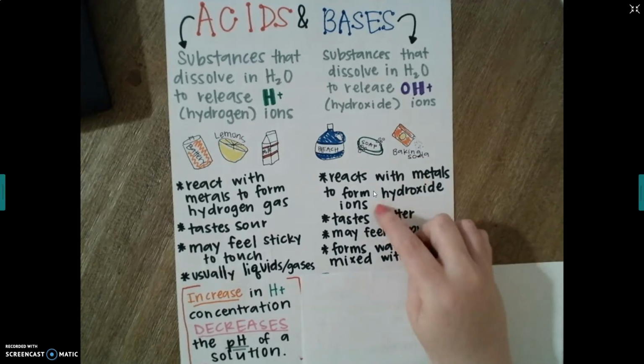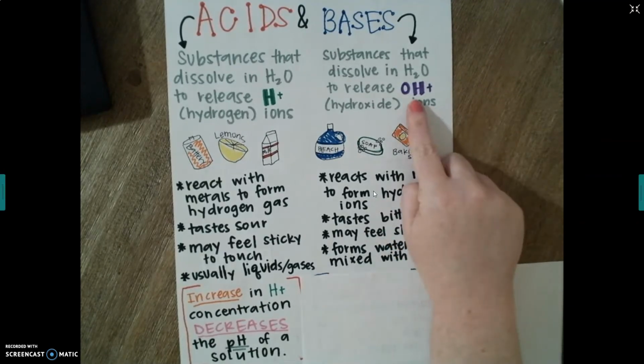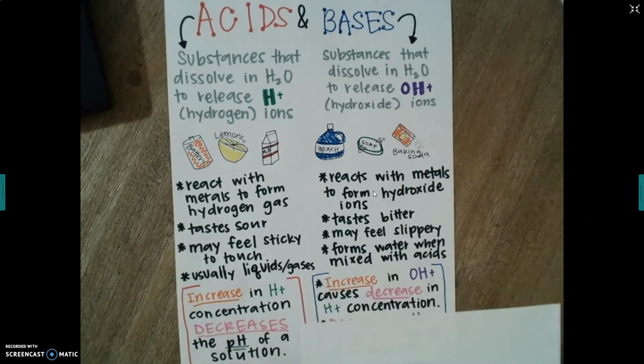So the first part of bases, since they are dissolving and releasing hydroxide, is that hydroxide is going to cause a decrease in hydrogen concentration. So as I dissolve the base, the hydroxide is released. My hydrogen concentration in that solution is going to decrease.